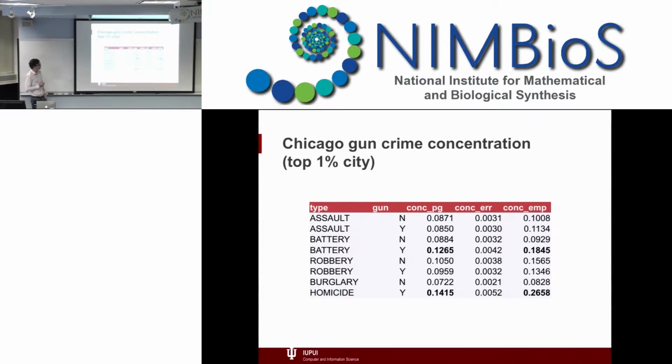But if you use this Poisson-gamma correction, then they're no longer statistically different. They're within the margin of error, which makes intuitive sense. In some sense, a battery with a gun may differ from a homicide just because somebody died, but not because of the situation. The situation may be very similar.